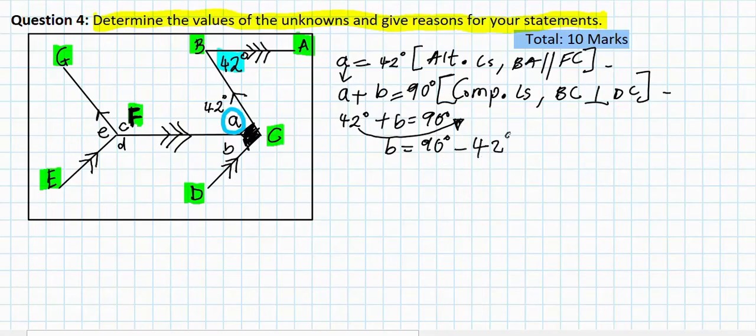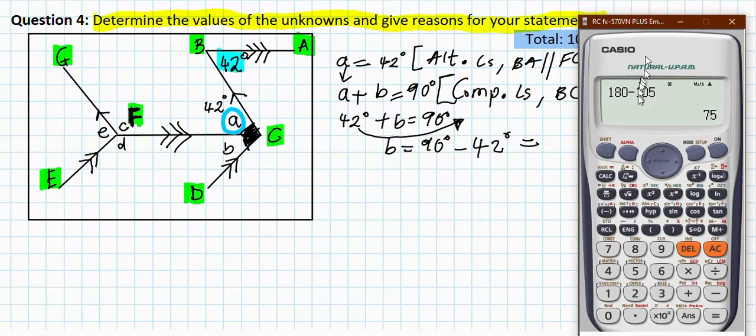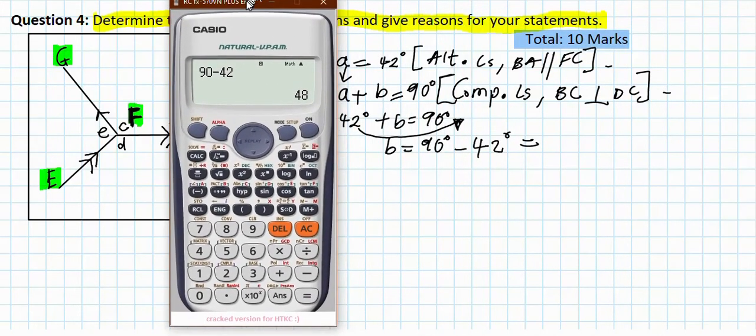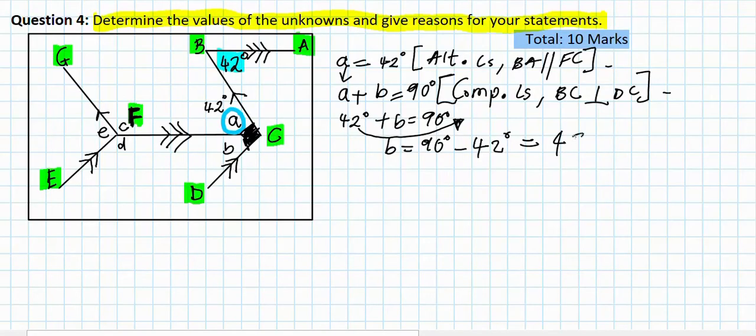So we have minus 42 degrees there, which equals, wait for it, there is someone in the test who won't pull out the calculator. Please don't do that, guys. As your teacher, if you have found out that you got it wrong for just not using a calculator, hey, I don't want to say it here, but my kids know. So the answer is 48 degrees. 48 degrees. Easy as that.